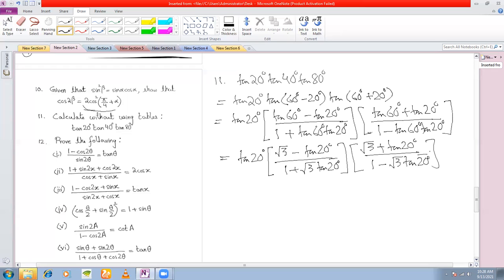Now if you see, these two numerators are of the form a plus b into a minus b. So what will it be? A square minus b square, right? Denominator also, if you see, is of the form a plus b into a minus b.